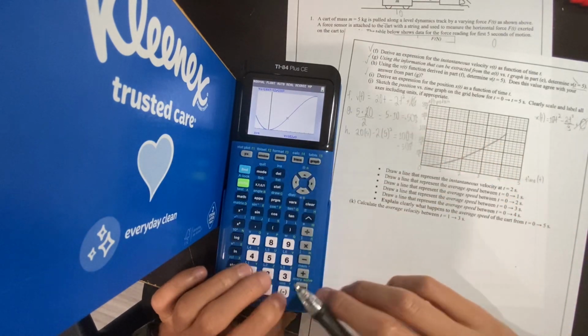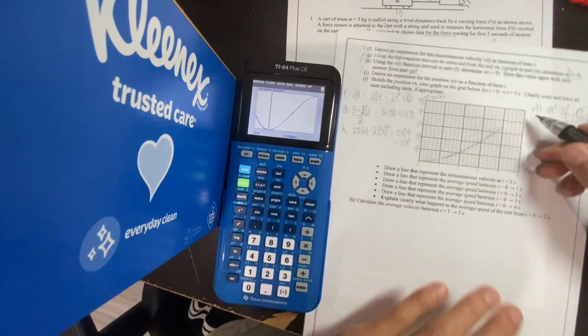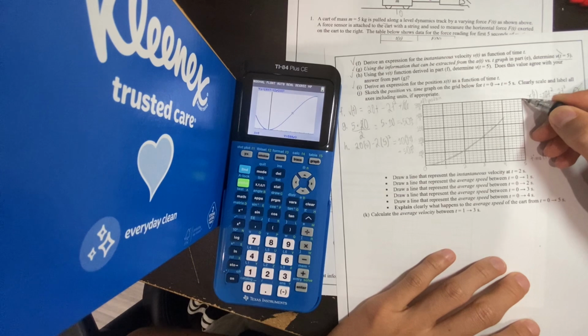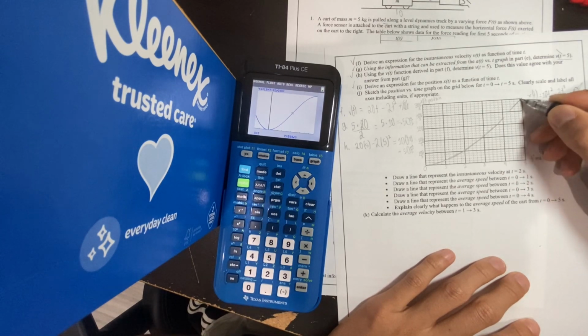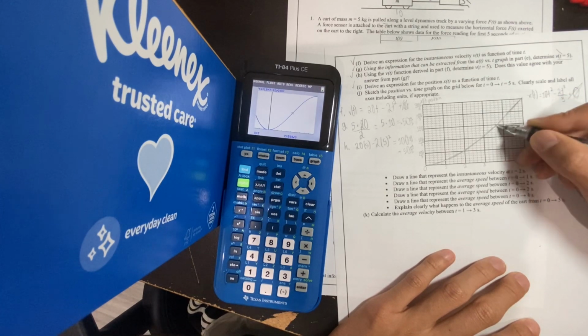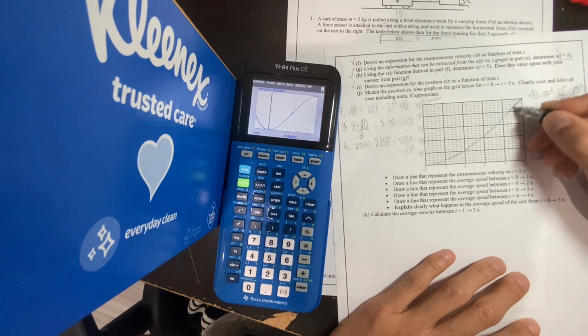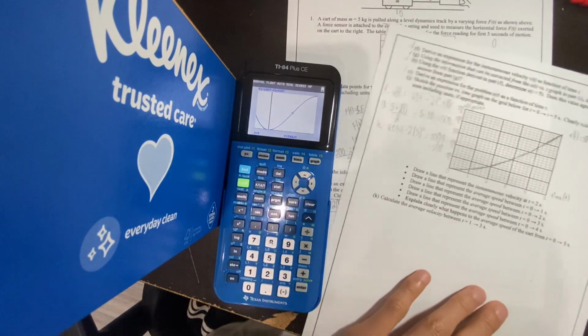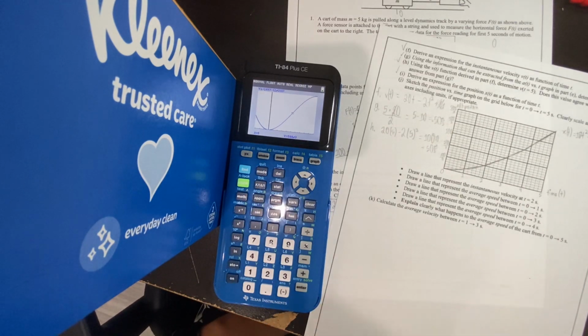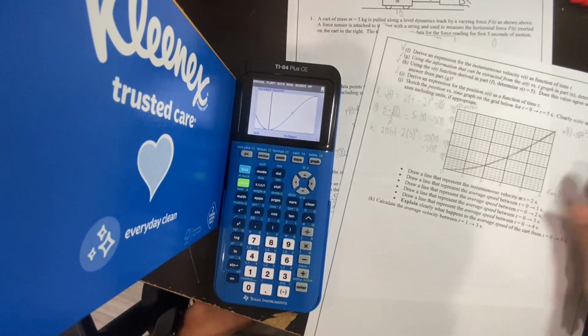And at 5, which is 500 over 3, we just do it right here. Yeah, that's gonna be the graph.